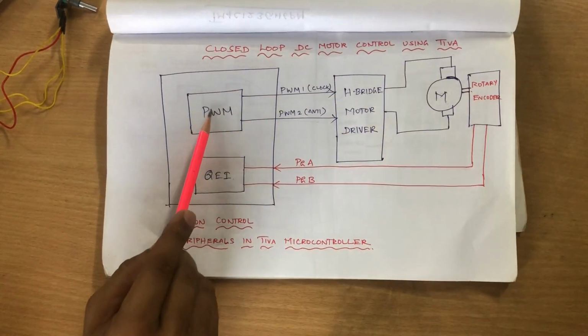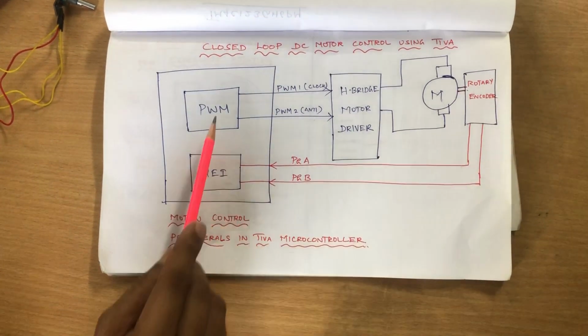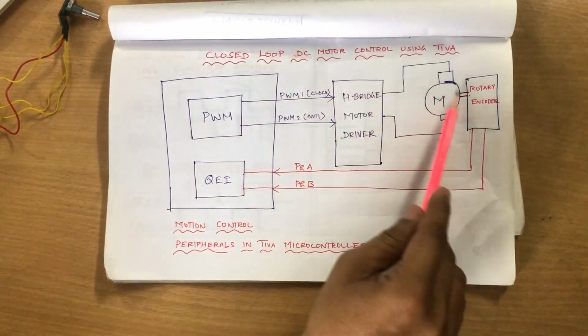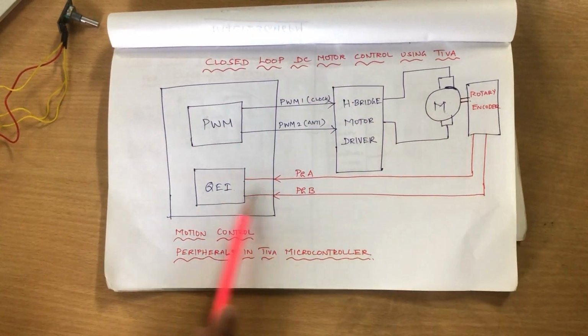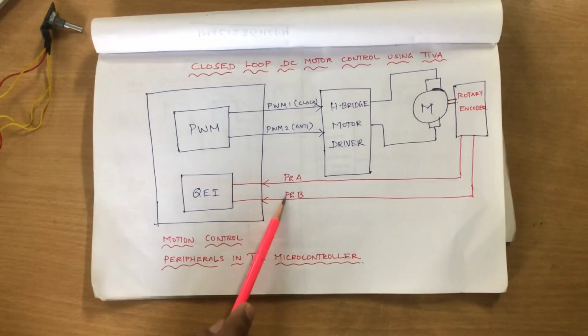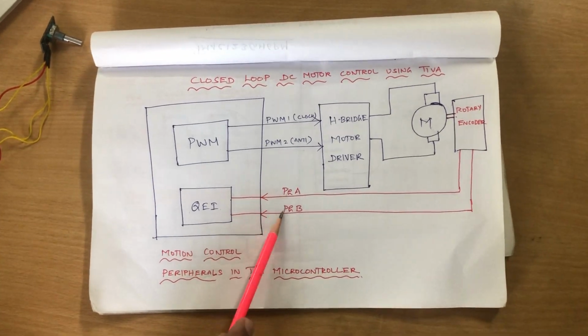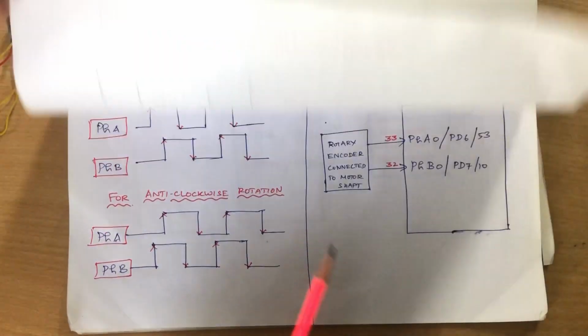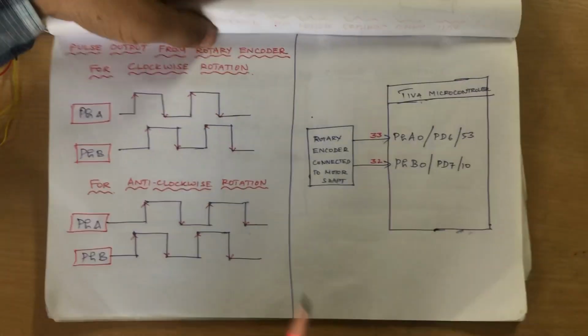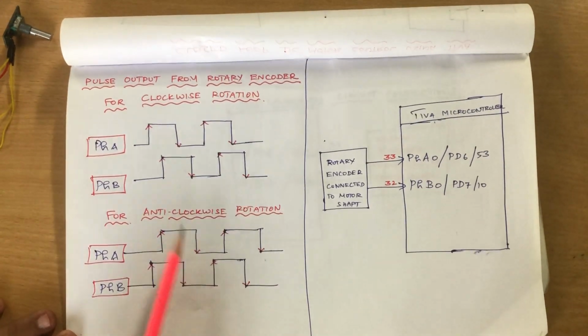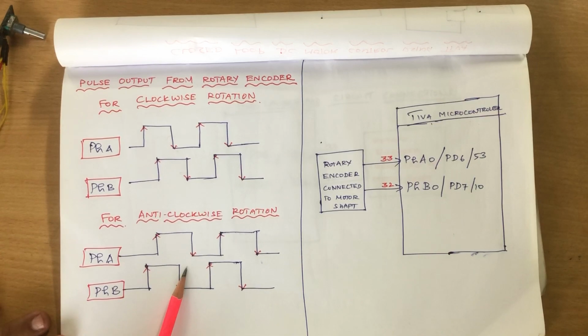So the presence of these motion control peripherals in the TIVA microcontroller helps us form a closed loop control system. So why two pulses? This is very important. To understand this, these are the 2 pulses coming out from the rotary encoder.